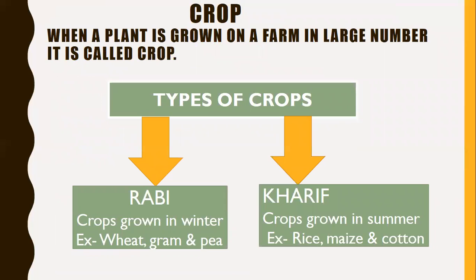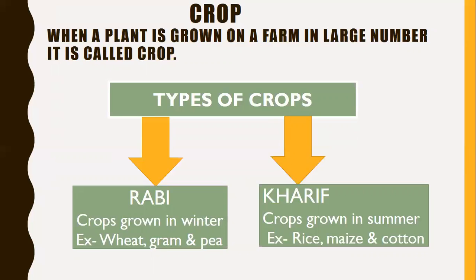Now, students, you know that in our daily life, we eat different types of food. And we also wear different types of clothes. And we get these things from plants and animals. And to get these things, we need large number of plants and animals.